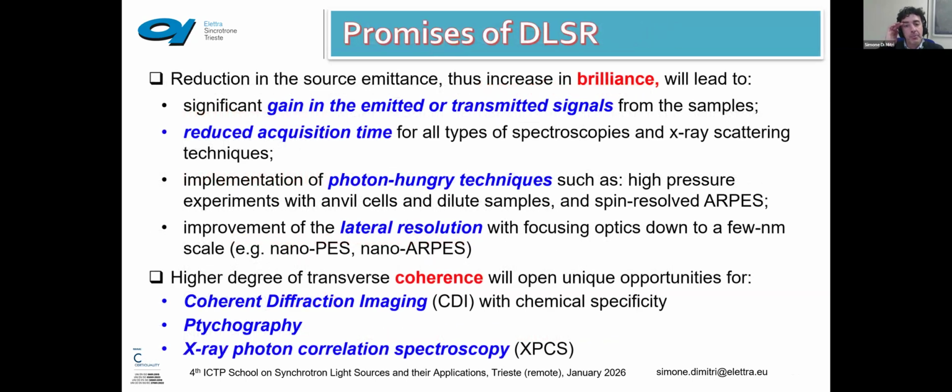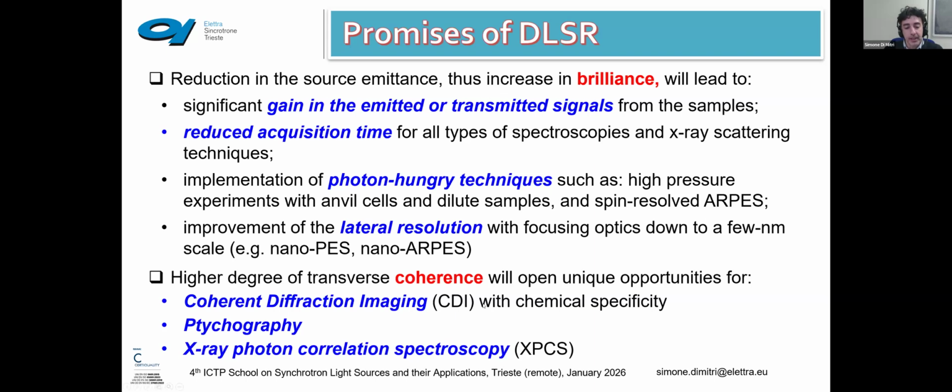So the promise of diffraction limited storage rings, as the fourth generation is called, is that of improving the capability of experimentalists in carrying on their studies, not only by improving the efficiency of light matter interaction, which can imply a reduction in acquisition time of data, but also by allowing new experiments exploiting, for example, higher intensity at a given spectral range, and or higher lateral resolution, which is a natural consequence of transverse coherence.